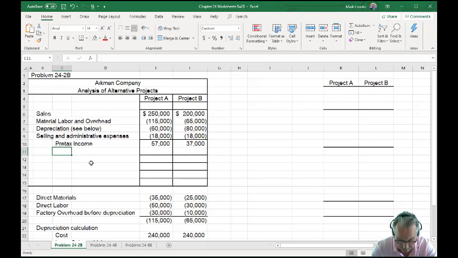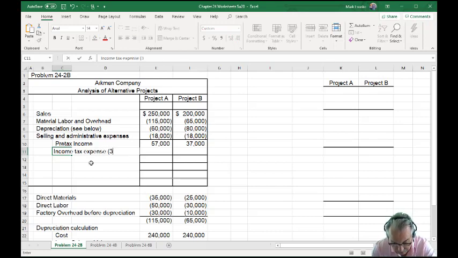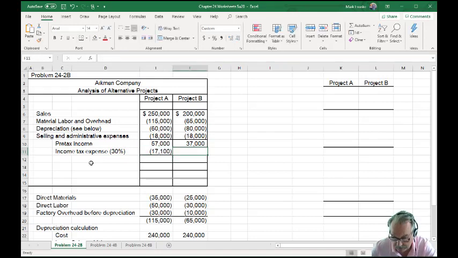We have the tax expense, which is a 30% tax rate, $17,100 and $11,100.